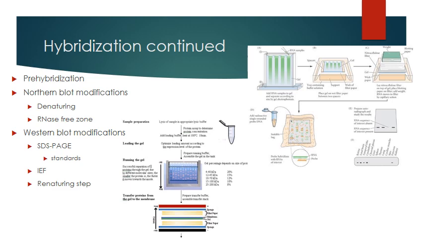Now remember, northern blot is for RNA, don't forget that. In denaturing RNA, remember that RNA is actually denatured by the process of electrophoresis. The RNA has to be separated from the DNA to make sure that you get pure fragments.